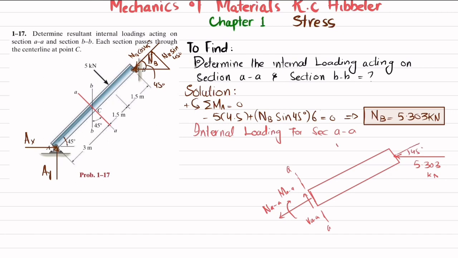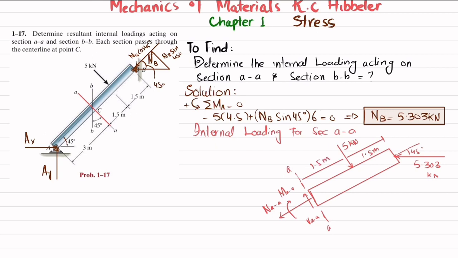At this point we have a 5 kilonewton load that is acting perpendicular. This is the load, clear, 5 kilonewton. The distance from this end to this end is 1.5 meter, and from the section this is also 1.5 meter.